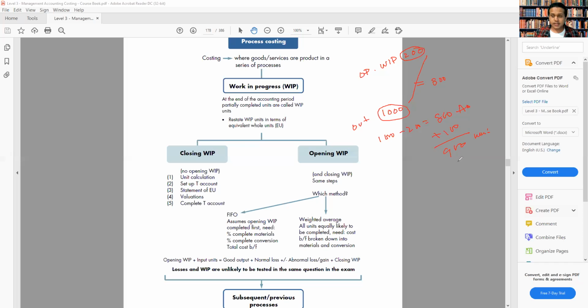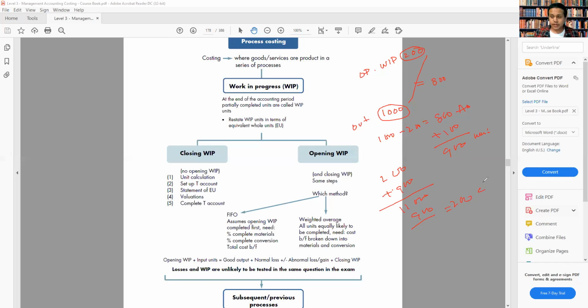The situation is I had 200 at the beginning and I made another 900, so in total I have 1100, and from 1100, if I sell 900, then 200 is left in stock.